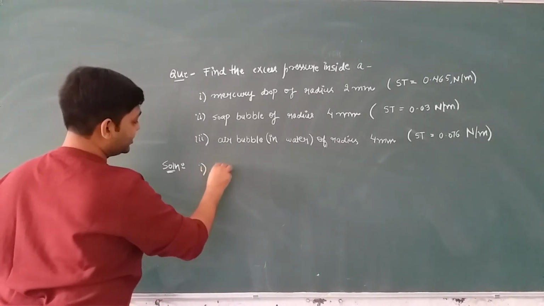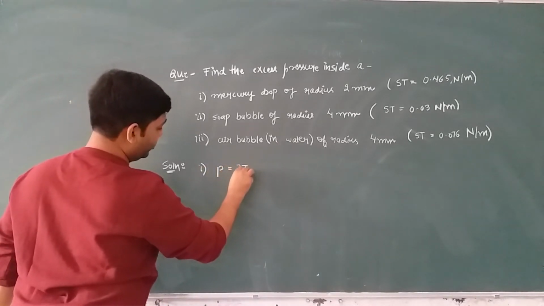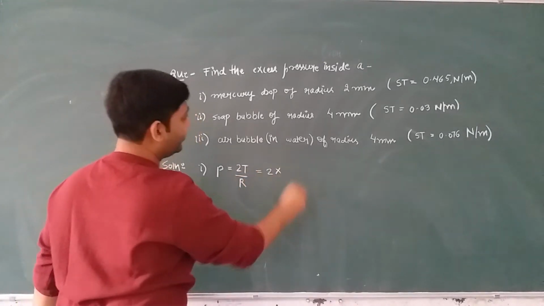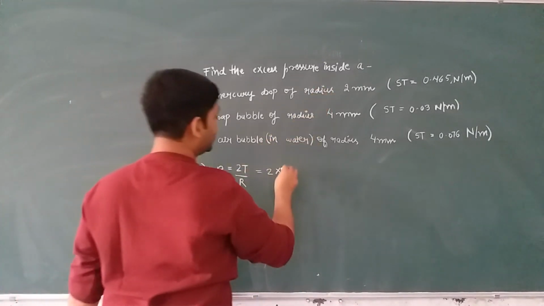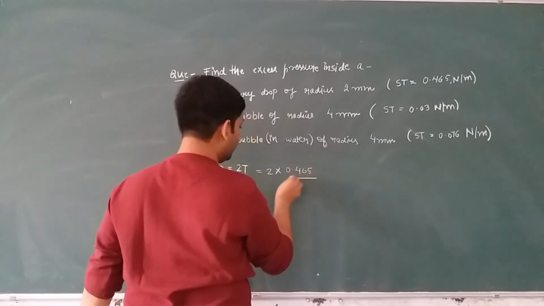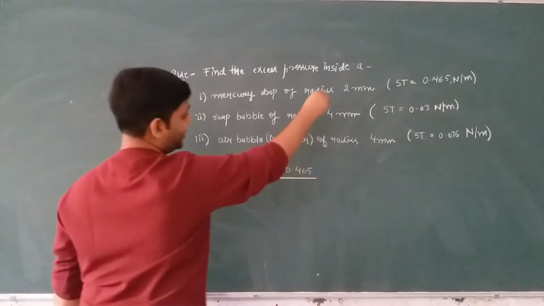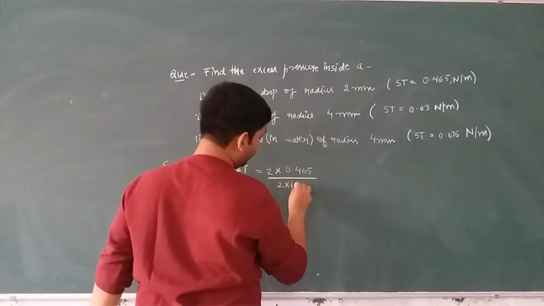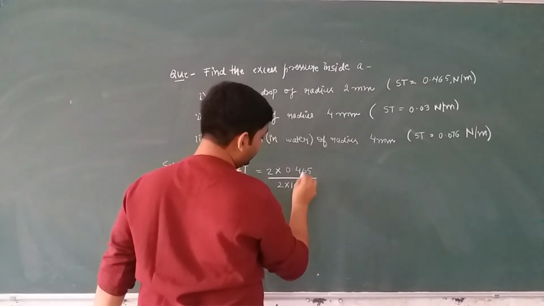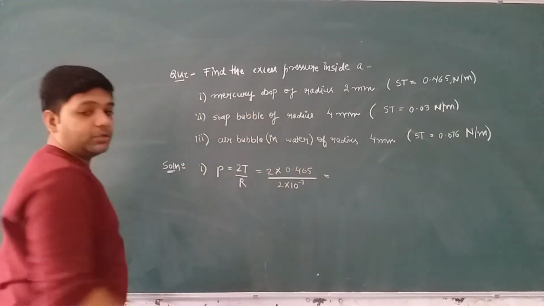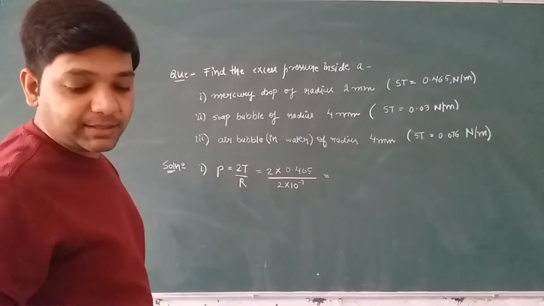So excess pressure P is equal to 2T upon R, and 2 multiplied by the surface tension, 0.465, upon the value of R, which is 2 mm. You will convert it into SI. 1 mm is equal to 10 raised to the power minus 3 meters. So now on solving this, you will get your answer.